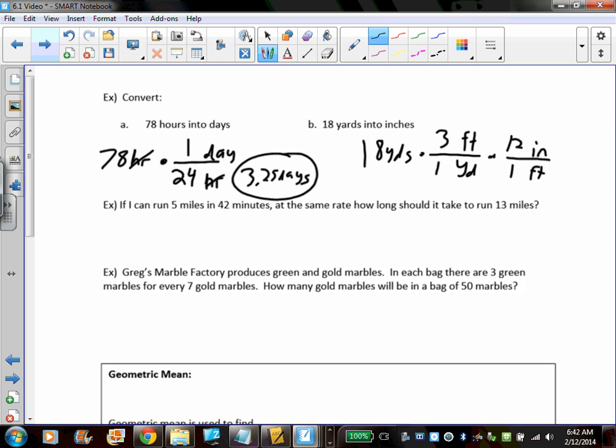So, if you were to do all of these multiplications together, then you would have the answer as to what that was. 3 times 12 is 36.